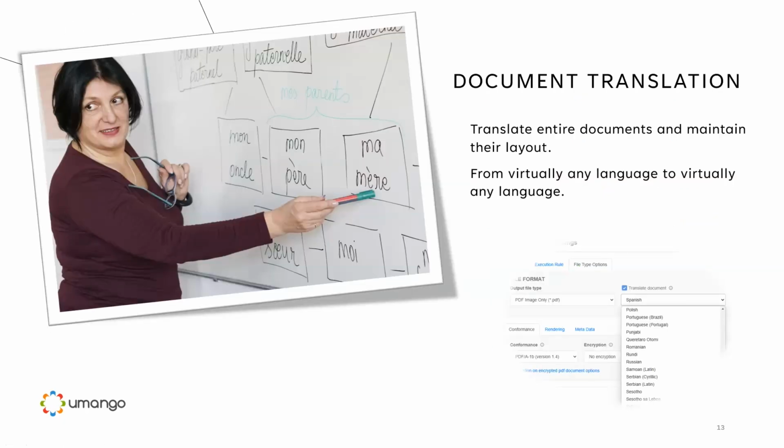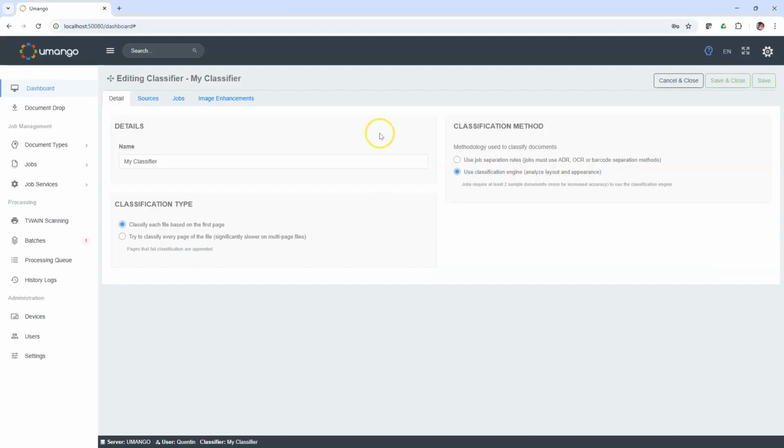Document translation. Again, this is something that we've had a lot of requests for in the past, and something that we have introduced in a very seamless way, actually, in Umango 25. It's available in any connector, but it's only available on some output types.